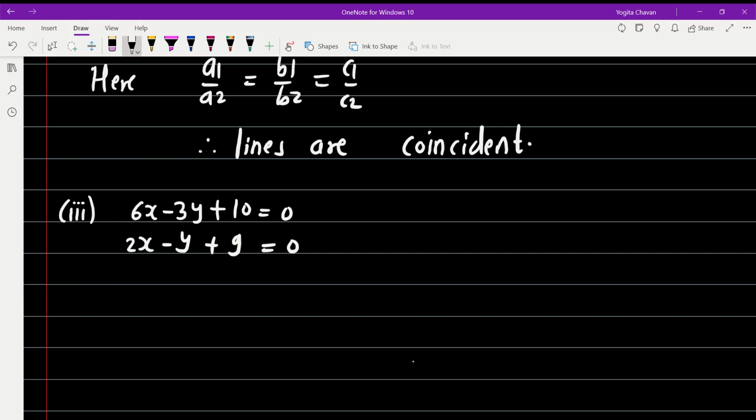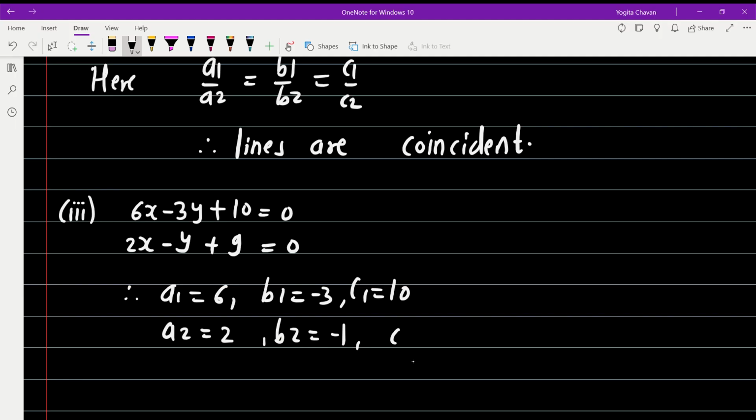Okay. Again compare these lines with a1x plus b1y plus c1 equal to 0 and a2x plus b2y plus c2 equal to 0. Therefore, here a1 is equal to 6, b1 equal to minus 3, and c1 equal to 10. Similarly, a2 is equal to 2, b2 is equal to minus 1, and c2 equal to 9.